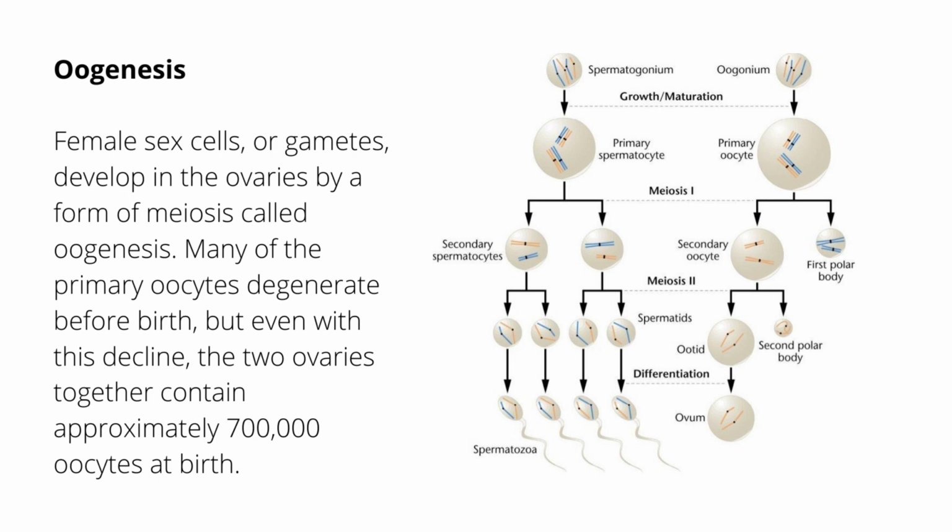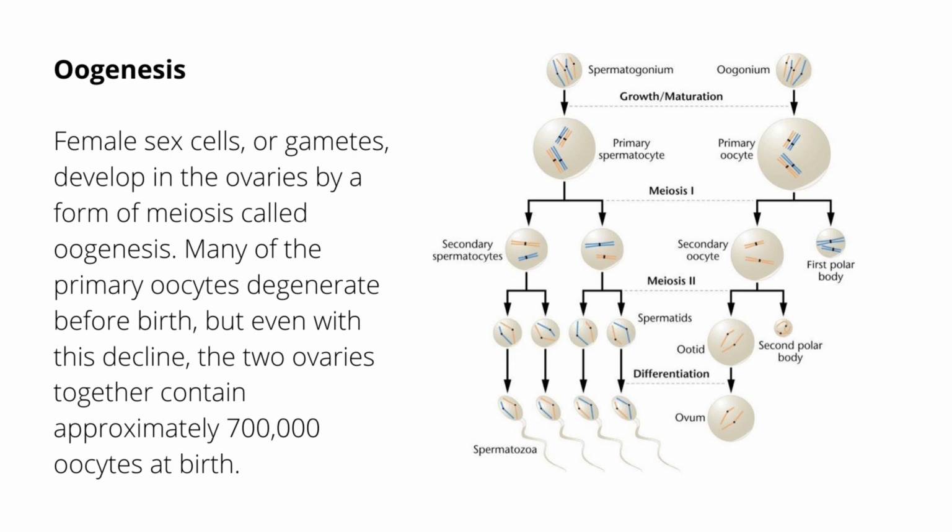The oogonia develop from primitive germ cells in the ovaries early in the fetal development, and these rapidly divide to form thousands of oogonia cells, each with a full complement of 46 chromosomes, which are 23 pairs.